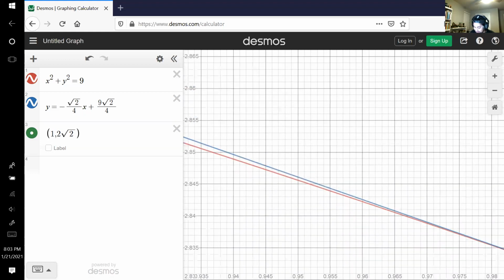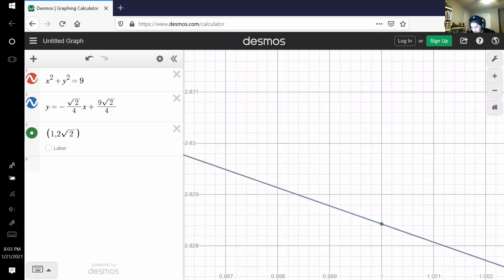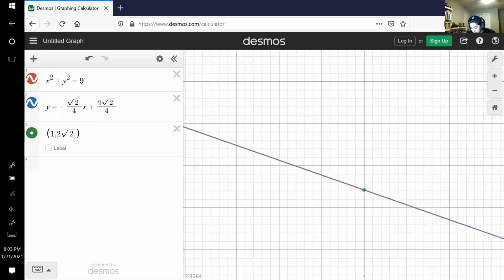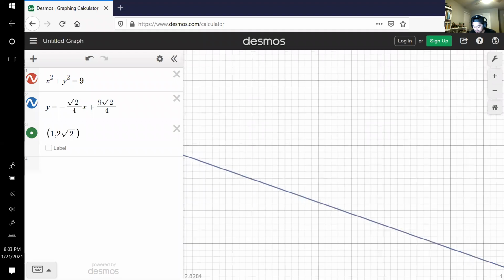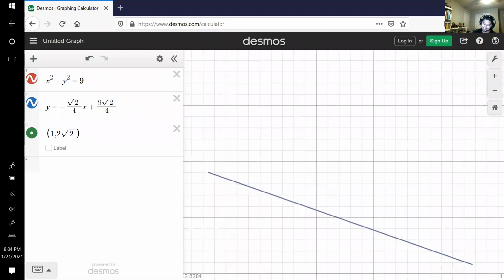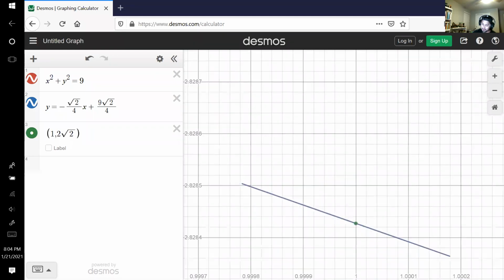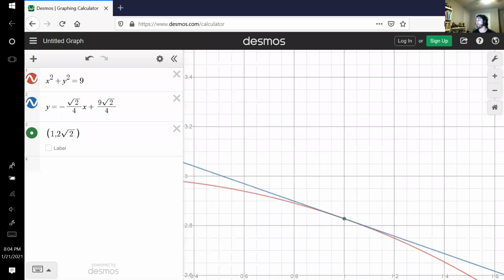If I kept zooming until I broke this laptop, you'd see that's the only point they share. But it's not zooming anymore. So just checking our work by using that is pretty neat. It comes in, shares a point, and takes off.